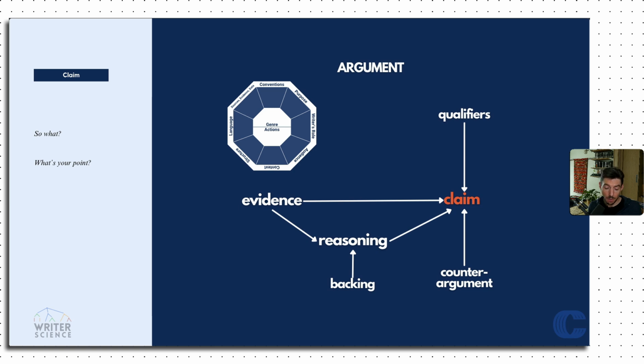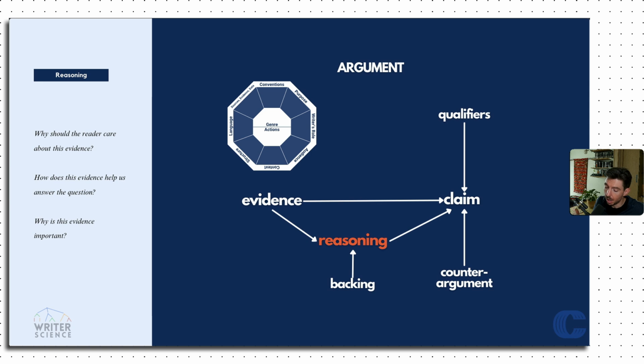Okay, so if you have found evidence which says in the introduction, there was the personal pronoun, and in the methods, there were no personal pronouns, your reasoning might be, well, the purpose of the introduction is to get the reader interested in the research.